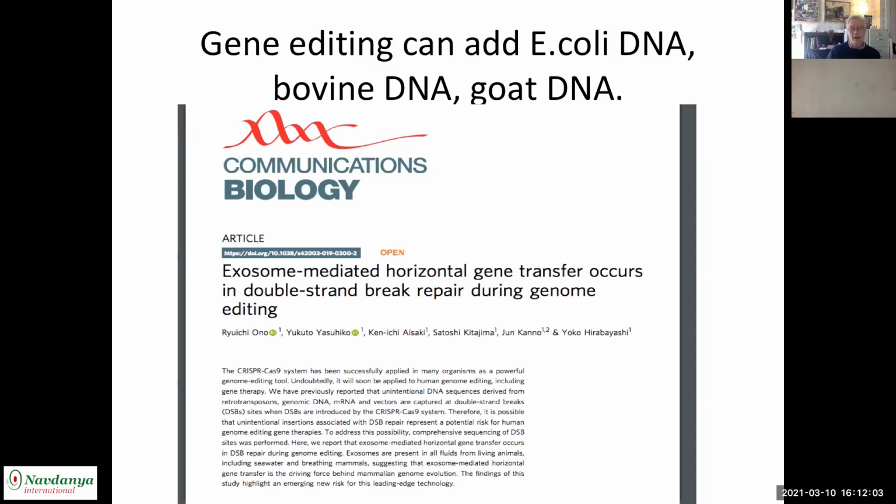And the bovine DNA and the goat DNA came from other forms of contamination that were basically requirements of cell culture. Cell culture requires purified proteins, and those purified proteins come from cells that contain DNA. If you use bovine DNA or goat DNA, that is where your contamination comes from. So this is completely unexpected, and it is totally inconsistent with the whole idea of genome editing.